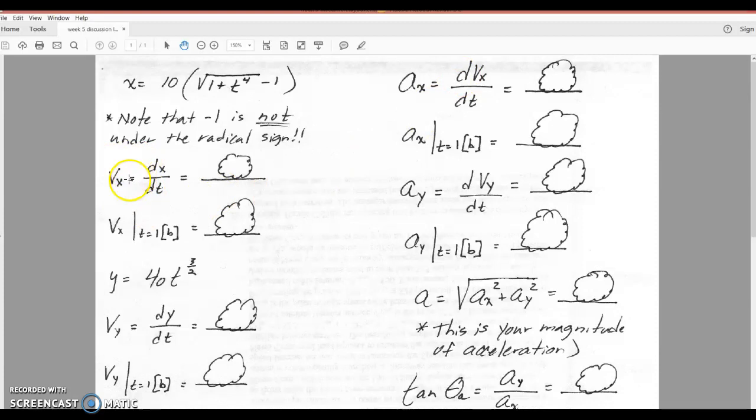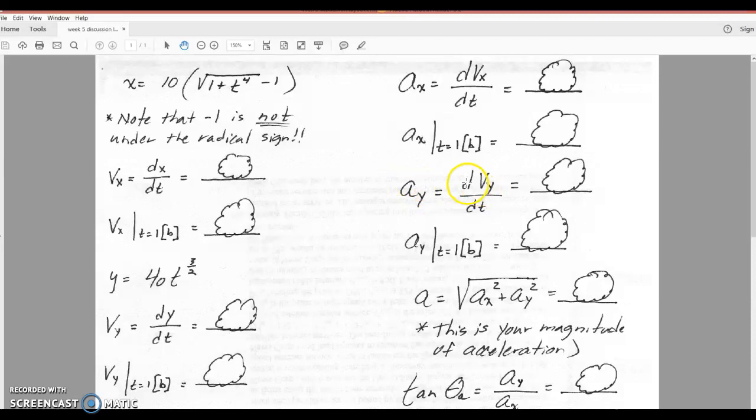You'll take the derivative of this function and evaluate it at t equals whatever. Again, if your b value is 4, that's 14 seconds.